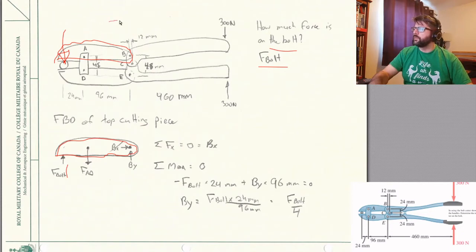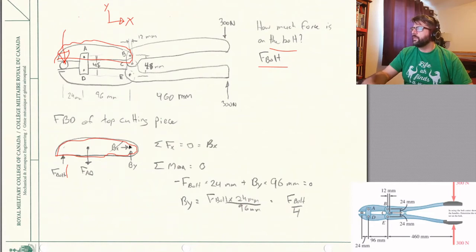If we define our axes as x and y like this, which I forgot to when I was writing it out, but anyways, we know that it's only going to have a force in the y direction. It's not going to have any forces in the x direction.